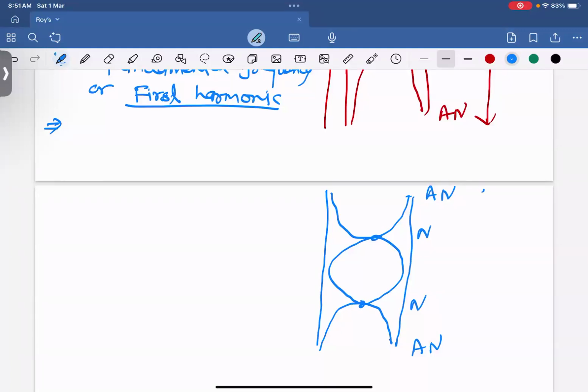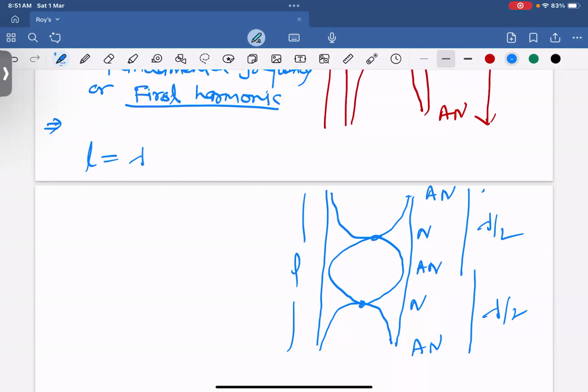Now here antinode, node, here again antinode. So one antinode to antinode is lambda by 2, and the other antinode to antinode is again lambda by 2. So total L is equal to lambda by 2 plus lambda by 2, or you can also write it as V by F2.